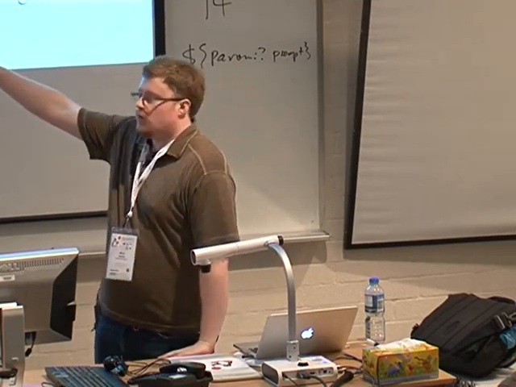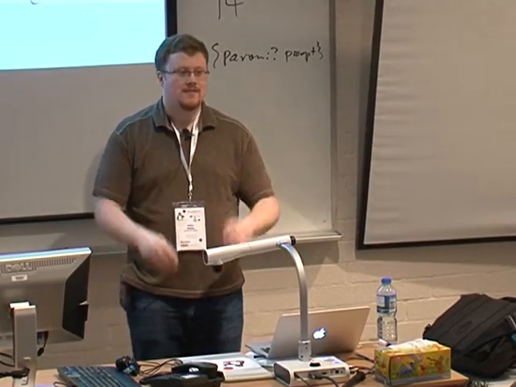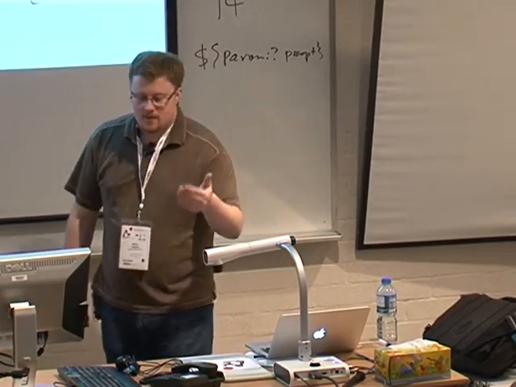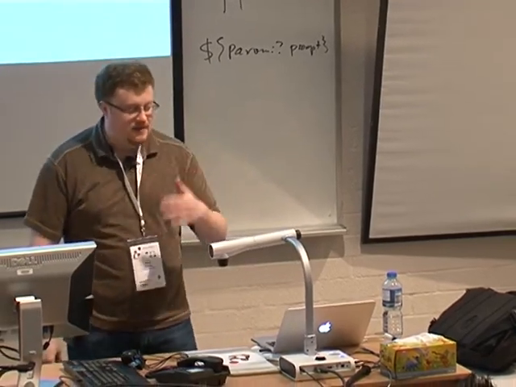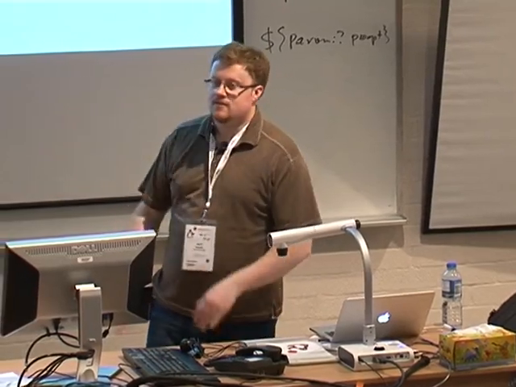What are the SI and SO columns doing? It's swapping. This is how you can prove that a machine is actively swapping. BI and BO, or blocks in, blocks out, those are I/O. This is talking about reading from disks and writing to disks. This is a good indicator that your machine is doing a lot of I/O.